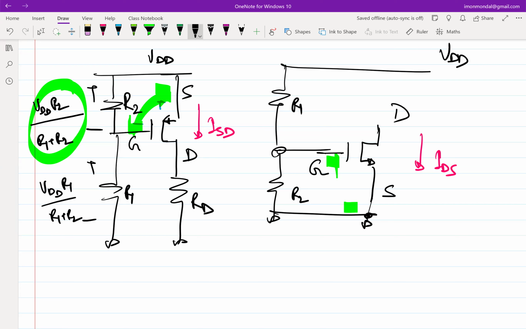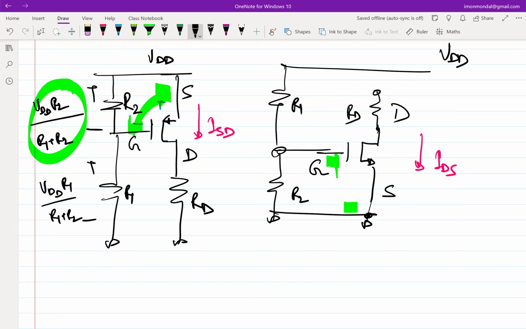Okay. So the last thing to see is what to do with RD. So RD in case of a PMOS was connected to drain, right? So that much we know. We have to connect RD to the drain. What about the other terminal of the RD? To VDD?